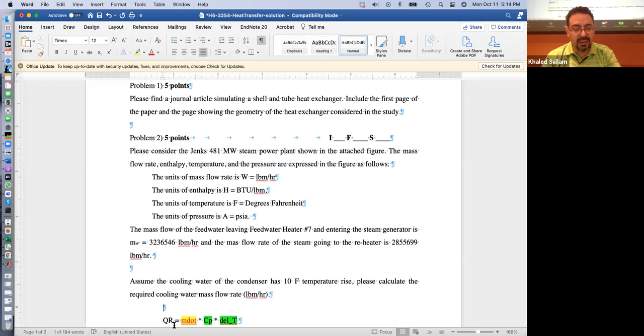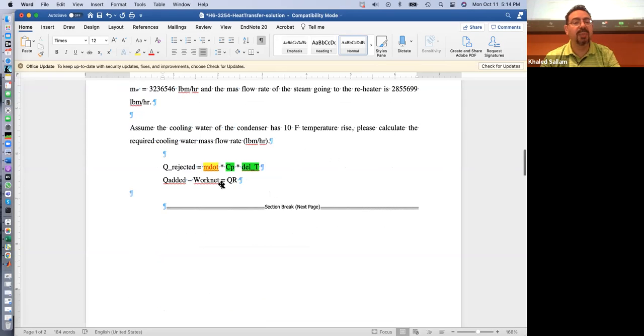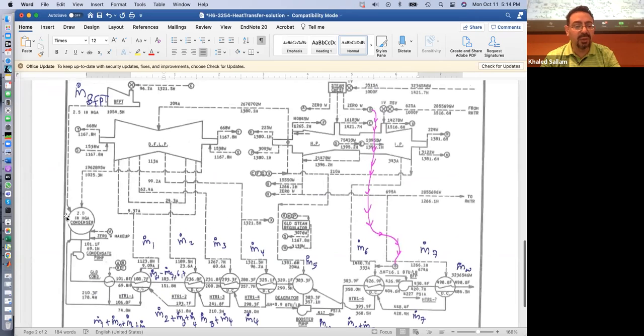So obviously in this equation, we need to find out what is Q in Q condenser, which is Q rejected for the cycle. So how did you get the Q rejected in this cycle? In this big power plant, how did you figure out how much Q is rejected here in the cycle?